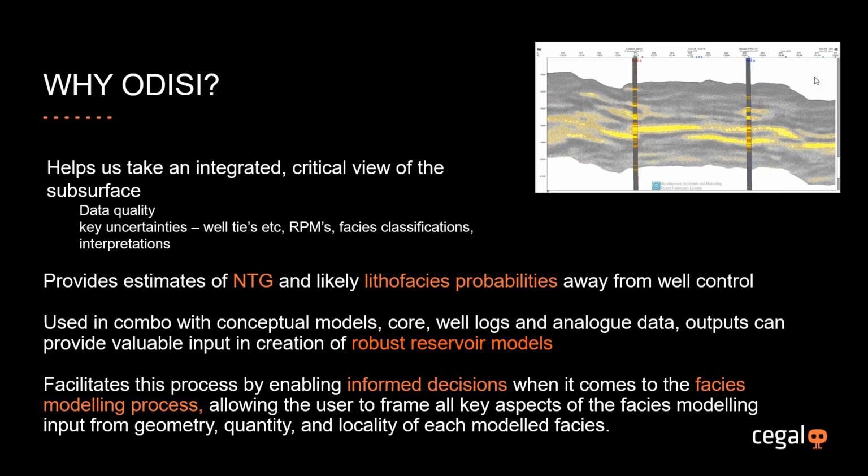So if used carefully and in conjunction with curated understanding from things like conceptual models or core where available, well logs and analog data, ODiSI can provide us outputs needed to construct robust and reliable facies models in particular, and that's what I'll focus on today.